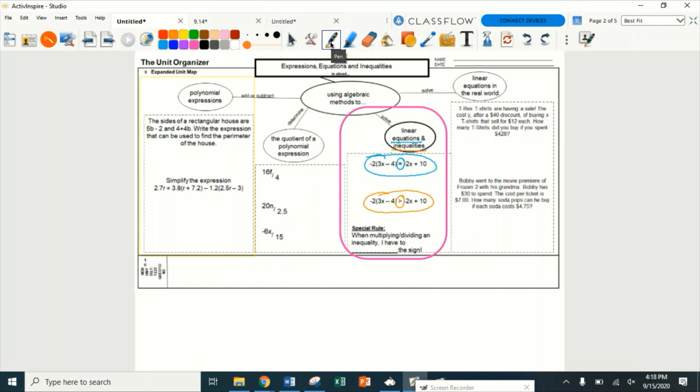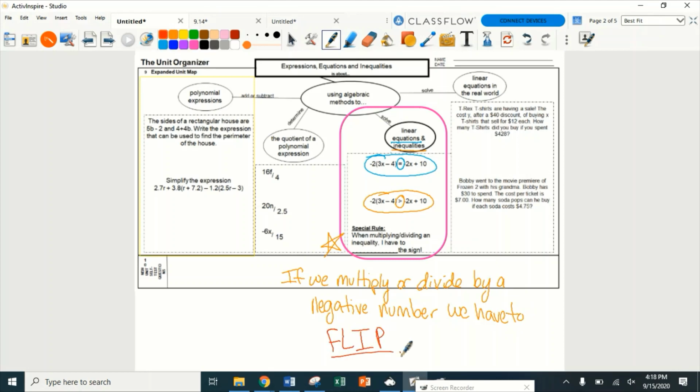The only thing we need to be careful about with inequalities is our special rule that says whenever we multiply or divide an inequality by a negative number, we have to flip the sign. And we will see what that looks like a little bit later on.